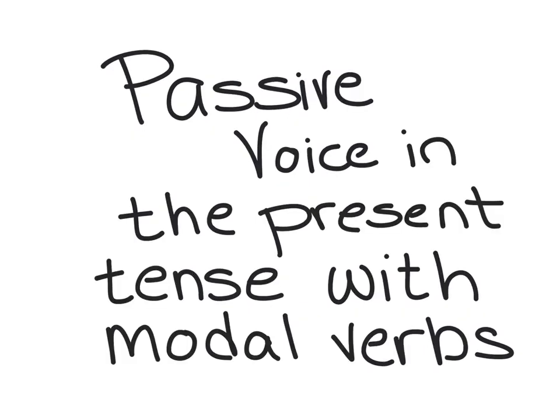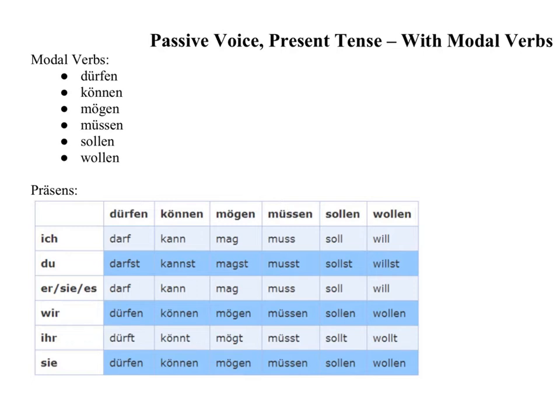All right, now we're going to continue with passive voice in the present tense with modal verbs. Sometimes you want to use modal verbs in your sentences to provide a little bit more detail. So here's a list of our modal verbs: dürfen, können, mögen, müssen, sollen, and wollen. If you remember these verbs, if you want to write down their definitions, go ahead.